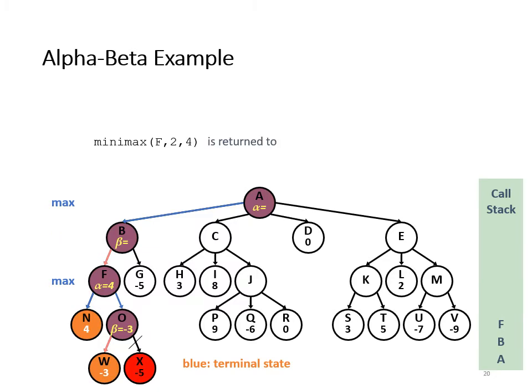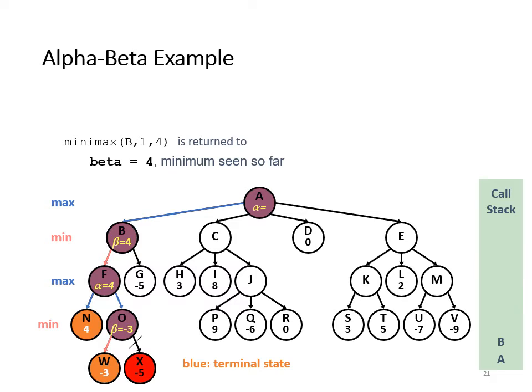So now the F node will return this value to the minimum node, that is called beta. Here alpha is not changing, but B is returned 4. So this beta equal to 4 is the minimum seen so far.